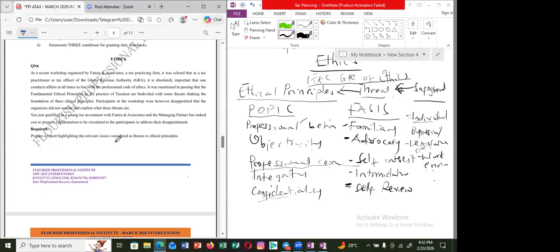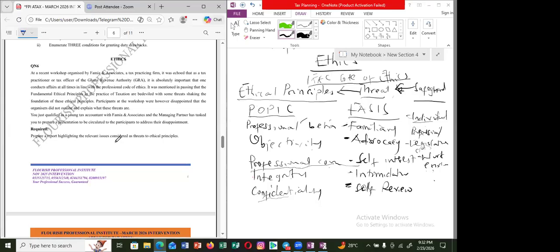It was mentioned in passing that the fundamental ethical principles in the practice of taxation are bedeviled with some threats, shaking the foundation of these ethical principles.